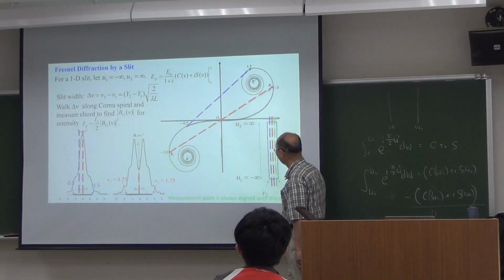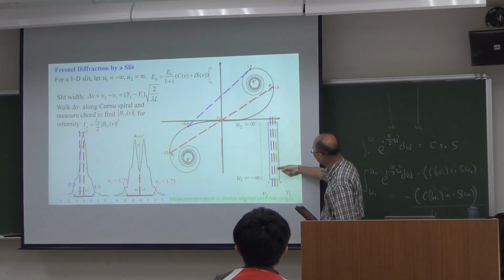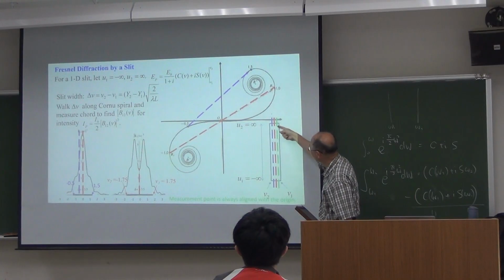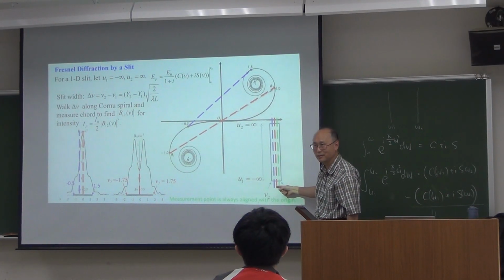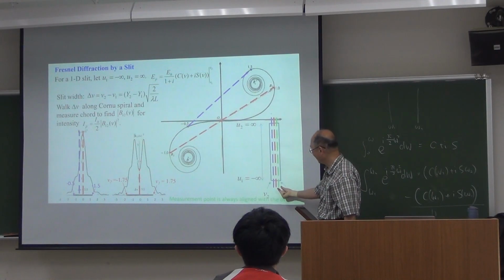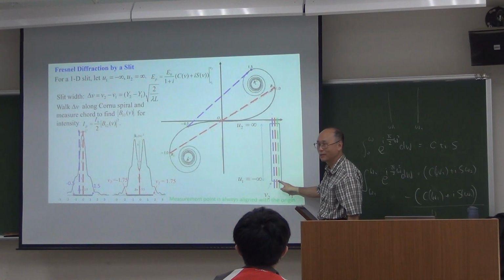For example, if you want to read the intensity aligned with this green line, this is the new origin of your coordinates.